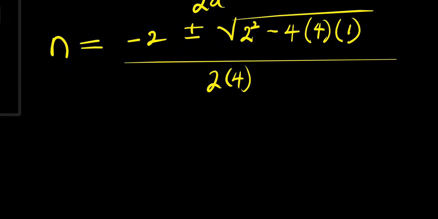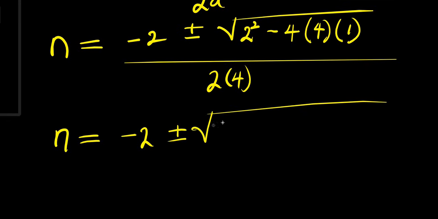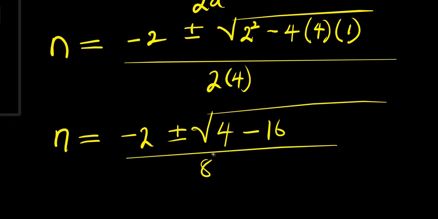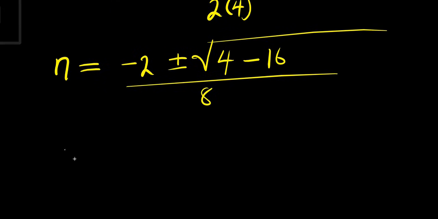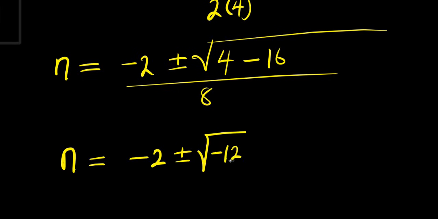So from here, I have n equals -2 plus or minus square root of, this is 4 minus 16, divided by 8. So from here, I will simply have n equals -2 plus or minus, this is square root of -12, divided by 8.